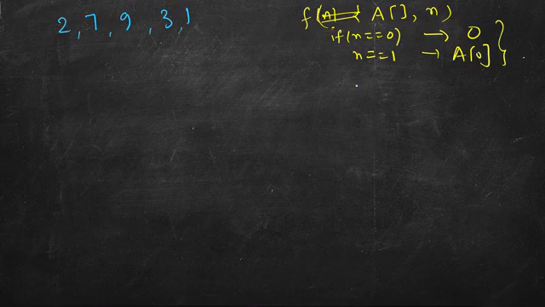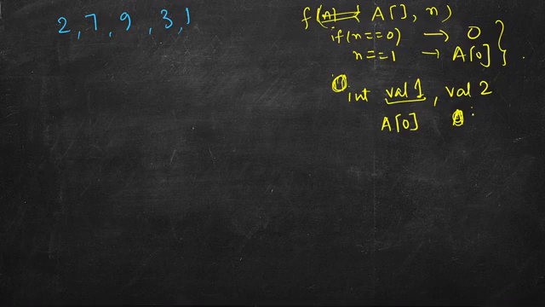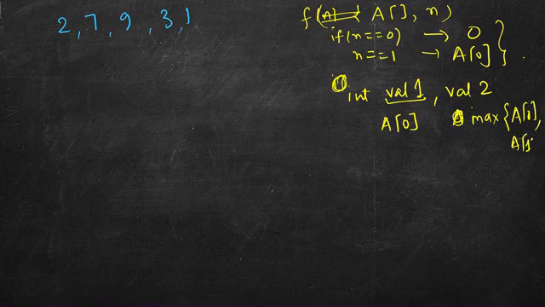Next, we will keep two values. What are these values? Let's call them val1 and val2. So initially this will be a0 and this will be max of a0 and a1. So at any point of time, val2 is the latest value, that is optimal solution till current.